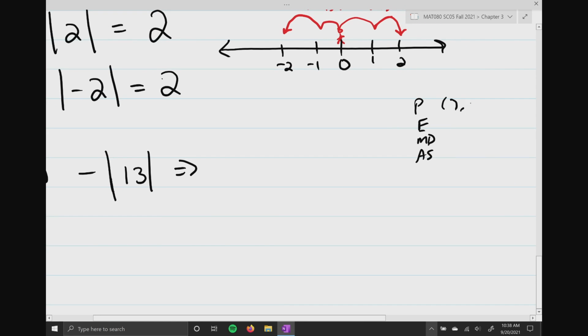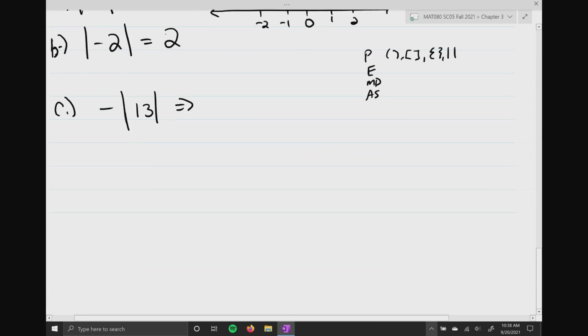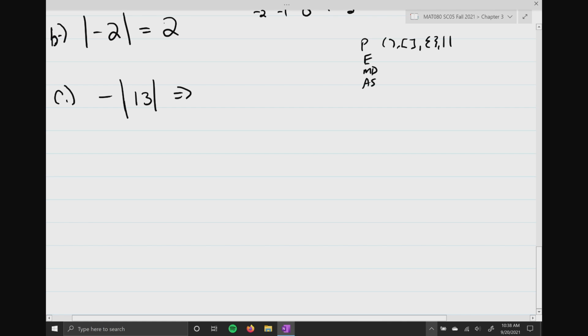Well, remember, parentheses can look like parentheses or brackets or these squiggly braces, but now you can also add in the absolute value bar. So when I look at the example on the left, the negative absolute value of 13, what I need to evaluate first is the absolute value of 13.